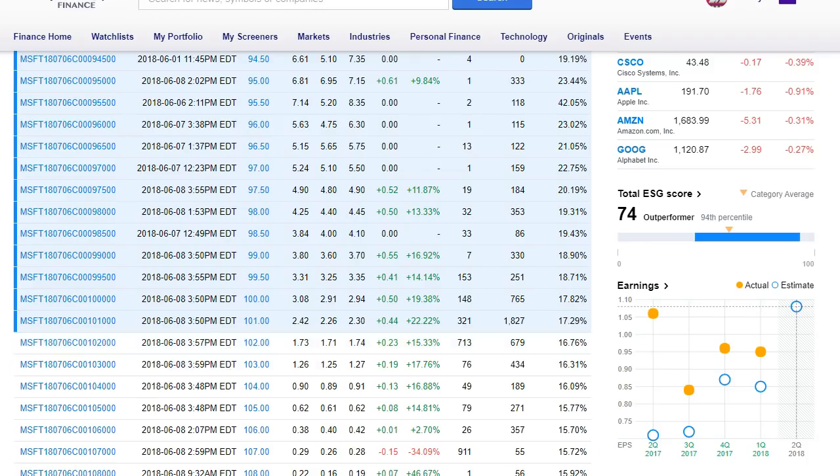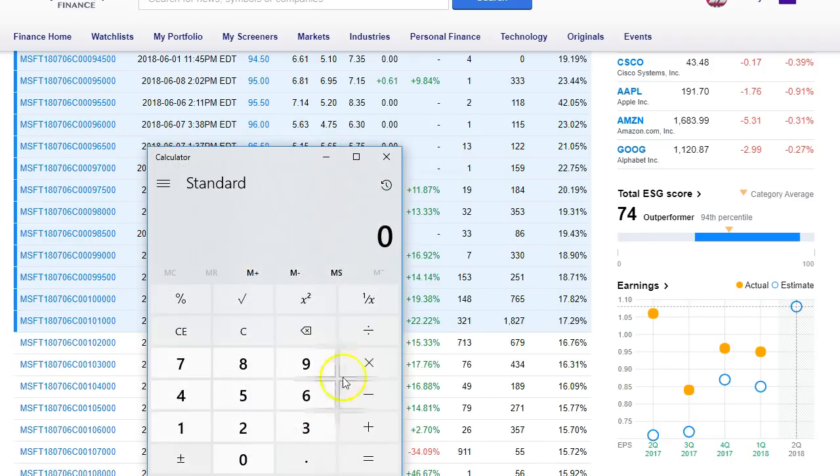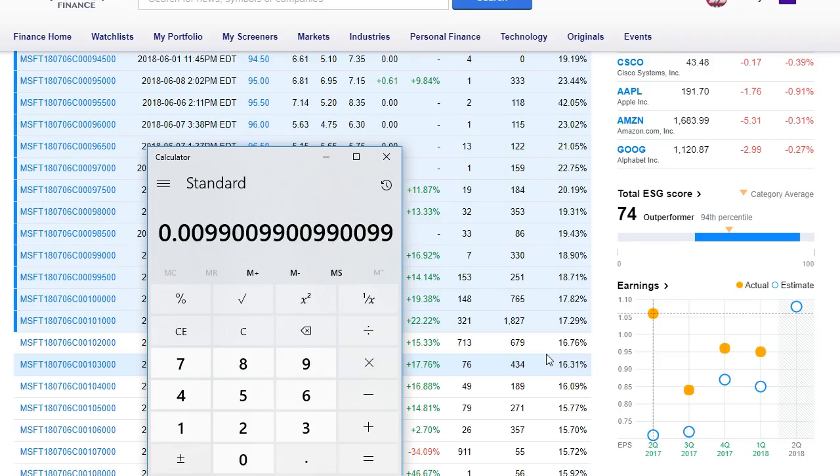So if you do the math, let's say $100, 90 cents. This is just, call it a dollar. Dollar divided by 101. So for every trade you make about 1%. Every month you make 1%.